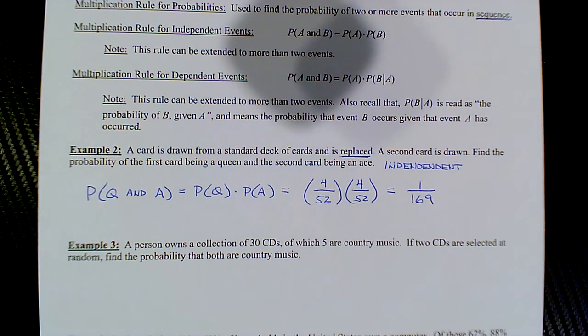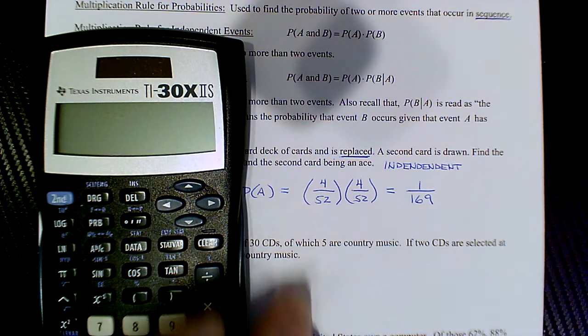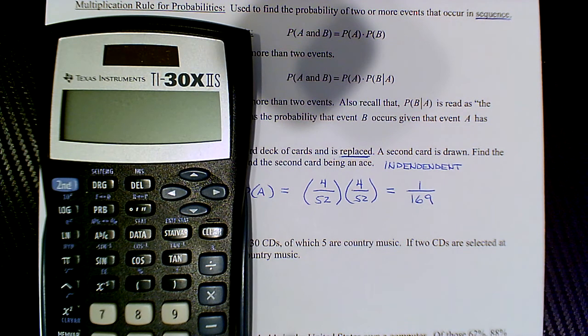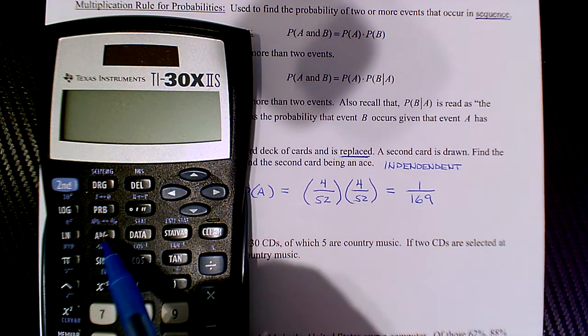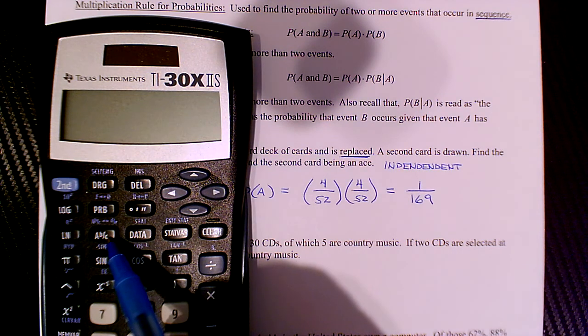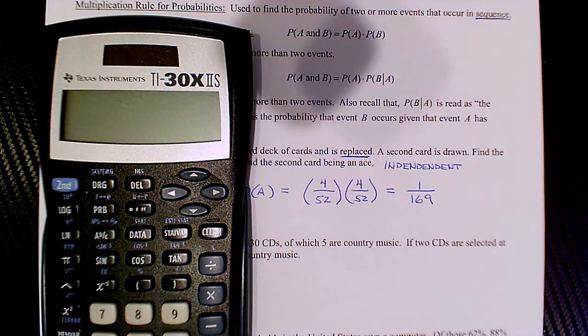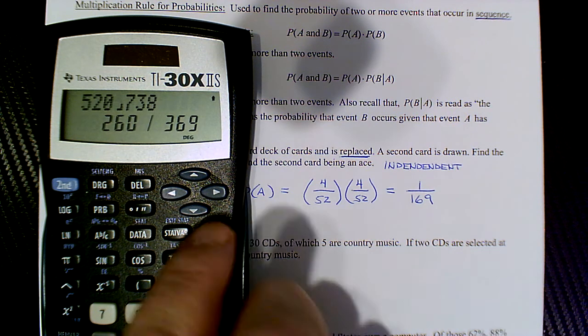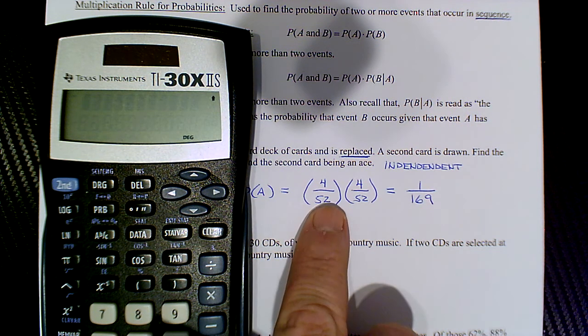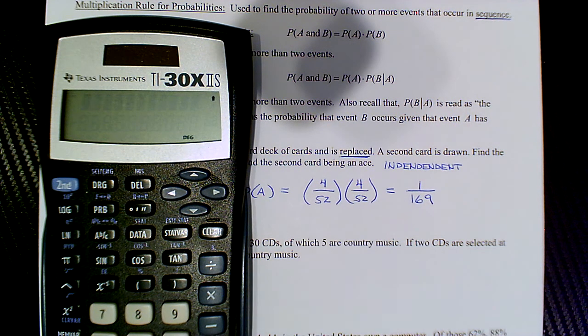Oh, just to show you on the calculator, hopefully you purchased a TI-30 or something similar. This A with the B over C key, the fraction key, saves a lot of time. Let me turn it on, clear it. If I want 4/52 times 4/52, I hit 4, fraction key, 52.